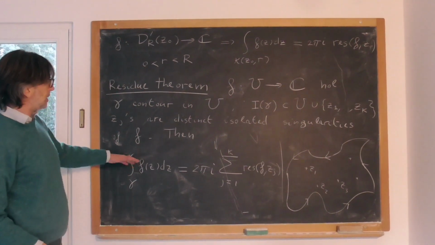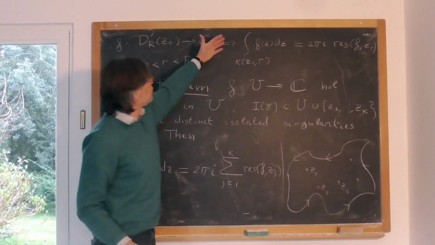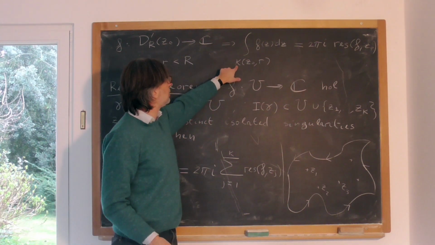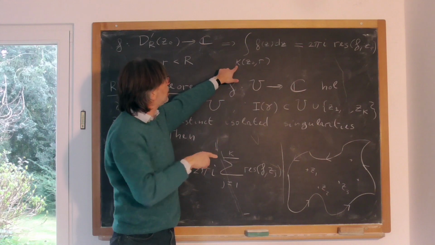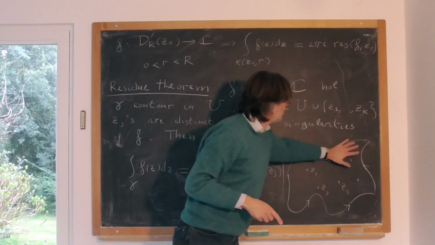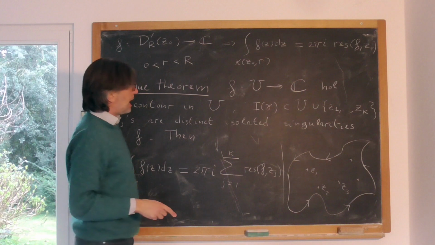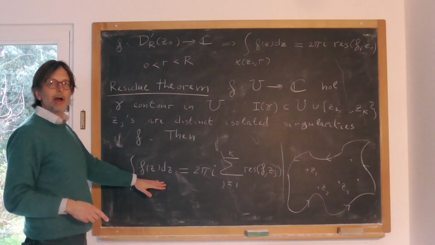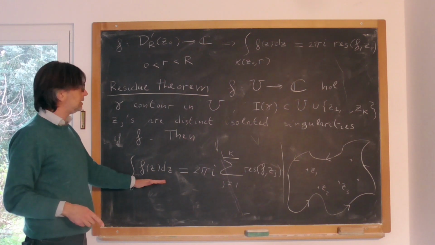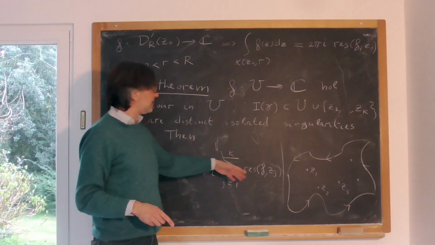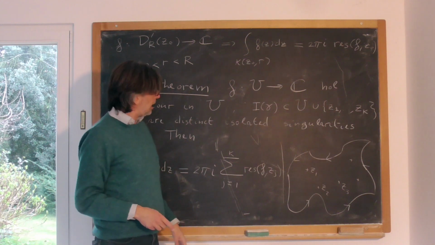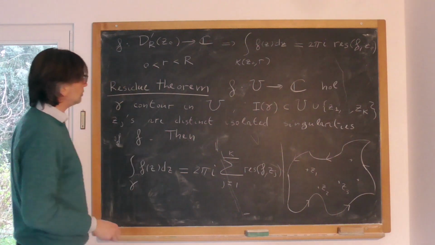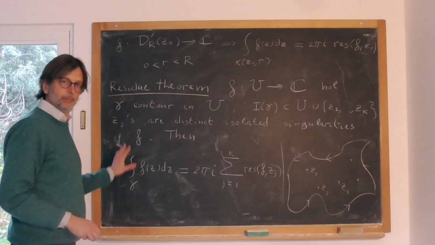Okay? So this theorem generalizes this formula. Now we're integrating not necessarily on a circle, we're integrating on any contour, and in the interior part of the contour we have finitely many singularities, and they contribute to the value of this integral. More precisely, the integral is 2 pi times the sum of the residues at all the singularities. Okay, let's prove this theorem.